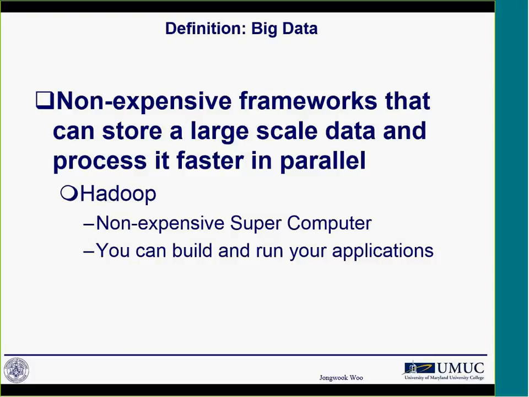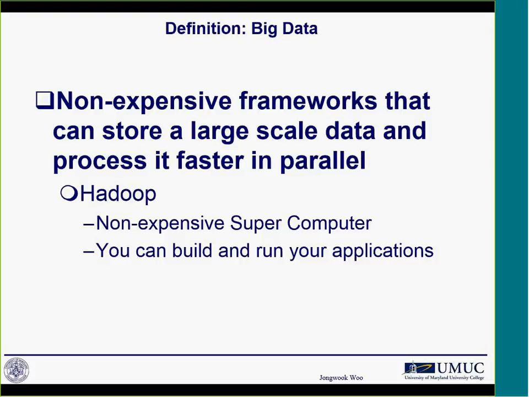So we can define big data as non-expensive frameworks that can store large-scale data and also process it much faster than a single node. Simply, that is parallel computers, and parallel computers are actually supercomputers.